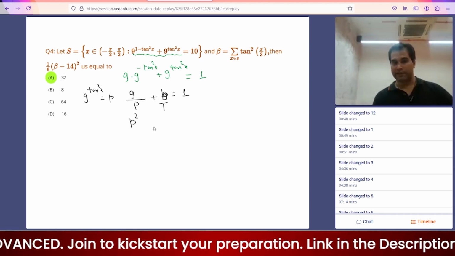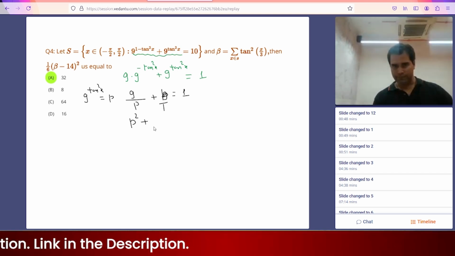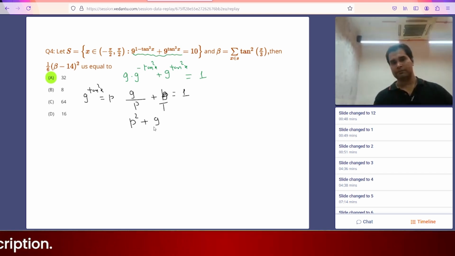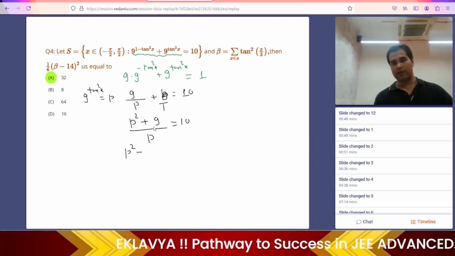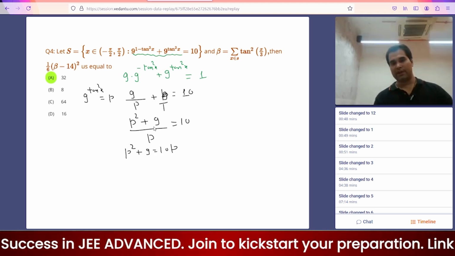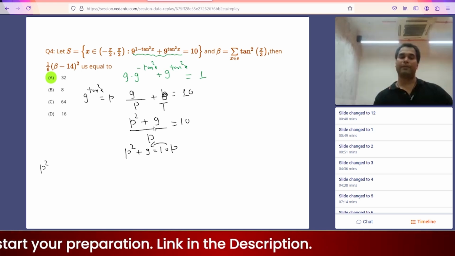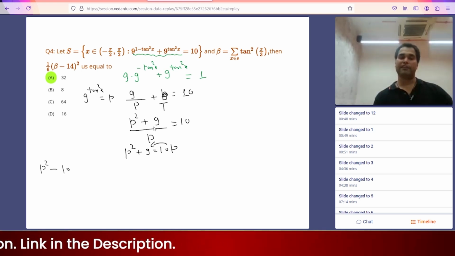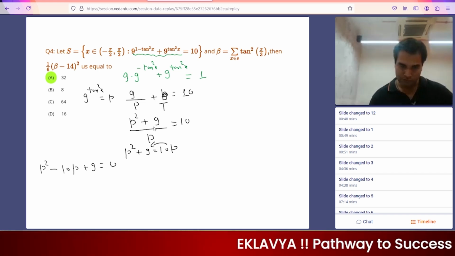Here we get p square plus 9 upon p equal to 10. This means p square plus 9 equal to 10p. And when we transpose 10p to the left hand side, this means p square minus 10p plus 9 equal to 0.